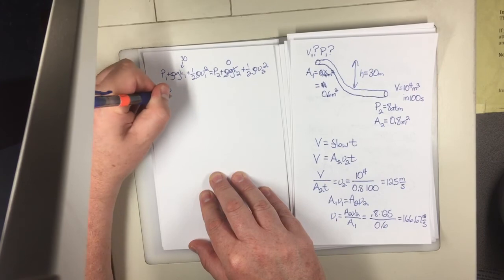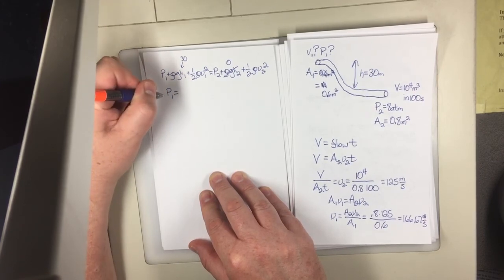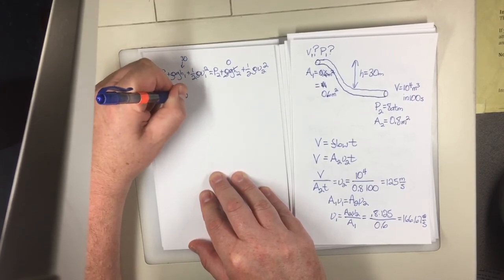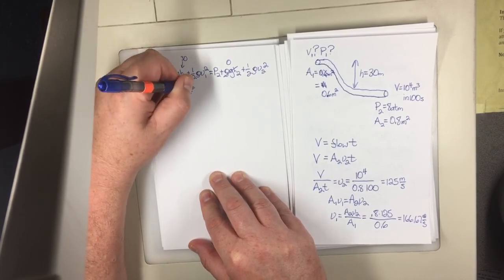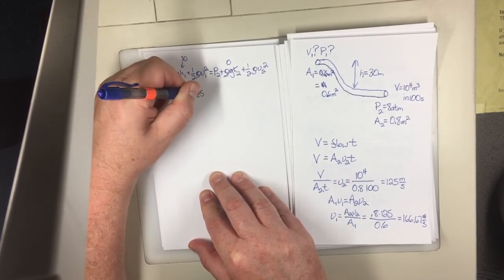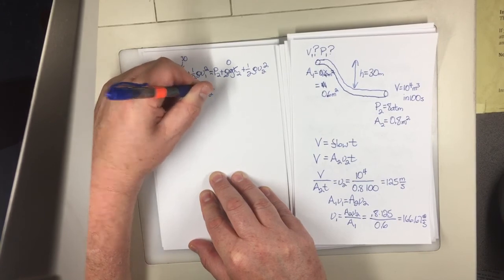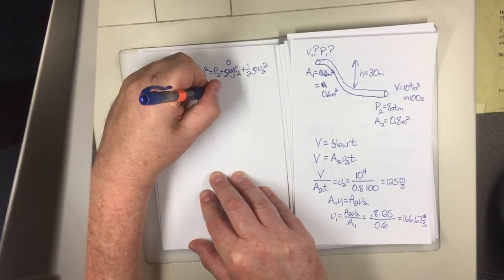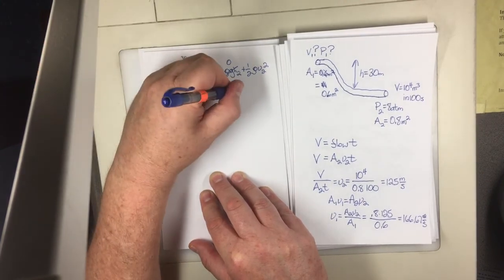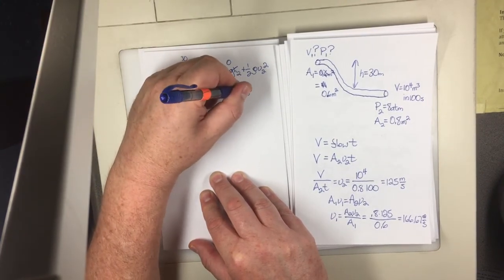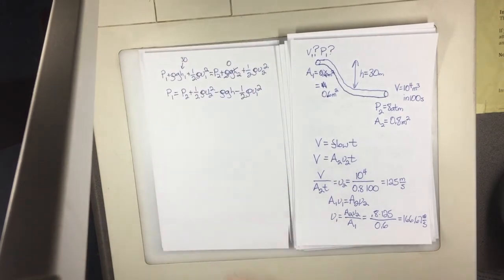So the pressure at the top is equal to P2 plus 1/2 rho v2 squared minus rho gh minus 1/2 rho v1 squared. So we get that.